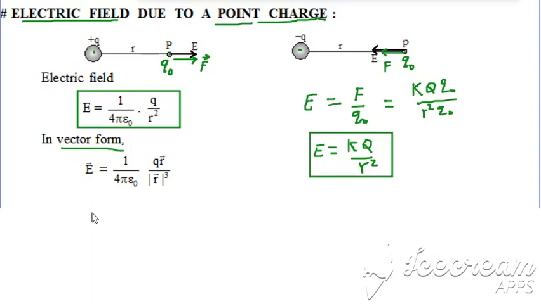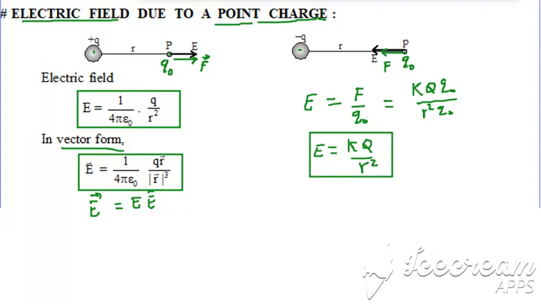The direction of the field is going to be in the R cap direction. If the charge is positive, R cap will be in the E direction, and if the charge is negative, E direction will be opposite to R cap. So this becomes the formula for electrostatic field in vector form.